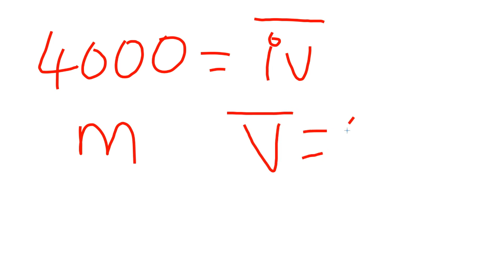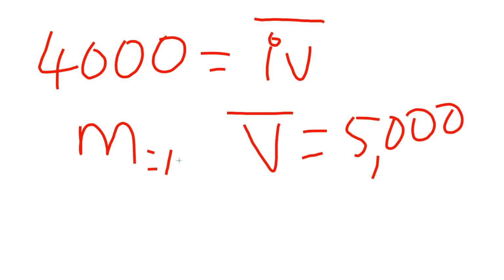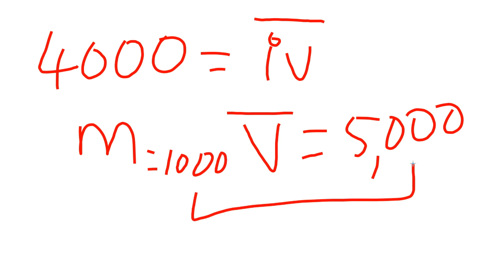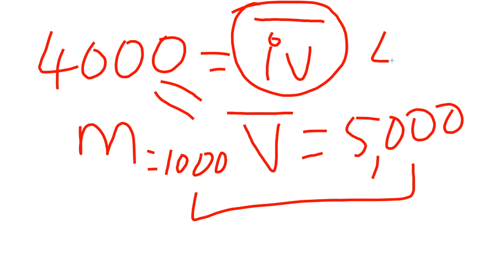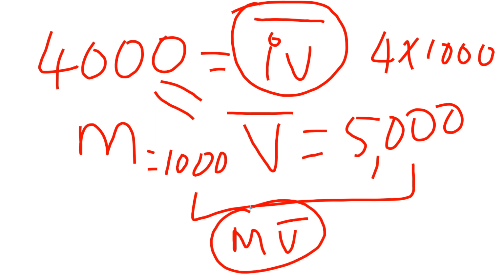This is equivalent to 5,000, and this one is equivalent to 1,000. So now what can we do between 5,000 and 1,000 to get 4,000? Instead of writing these, which means 4 times 1,000, what if we say MV bar? So MV bar is the same as 4,000.